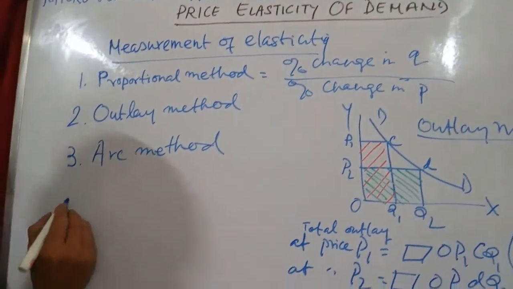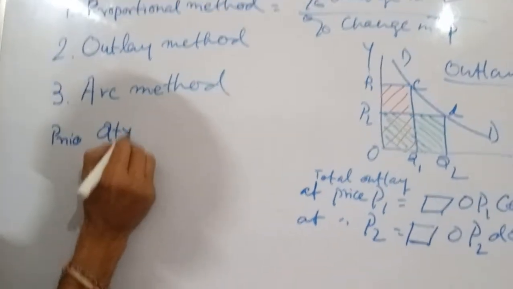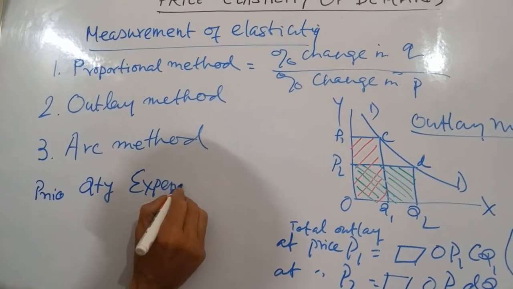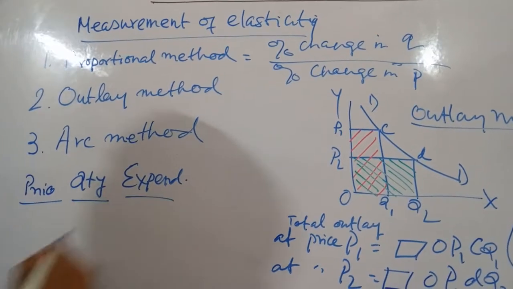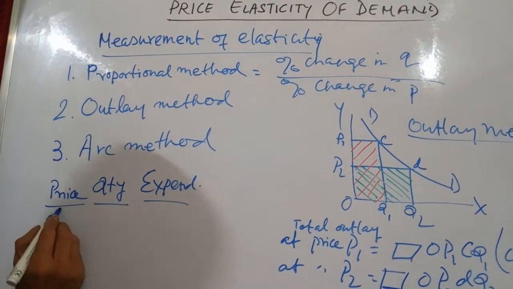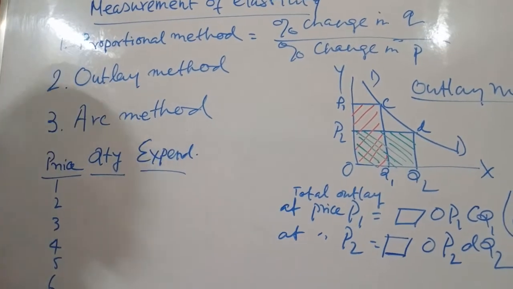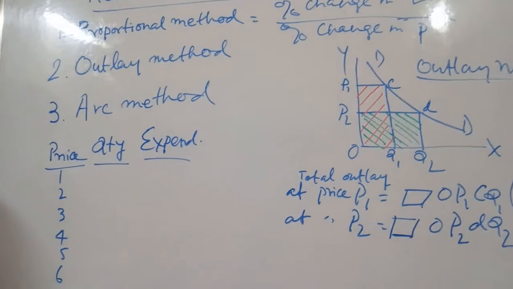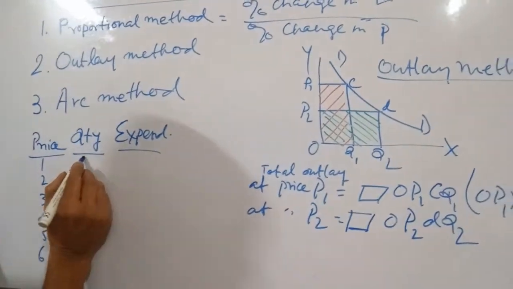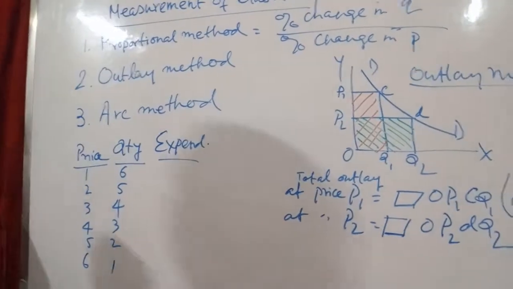Here we measure price in this column, quantity in this column, and here expenditure. Price is increasing from 1 to 2, 3, 4, 5 and 6. And quantity is falling 6, 5, 4, 3, 2, 1.